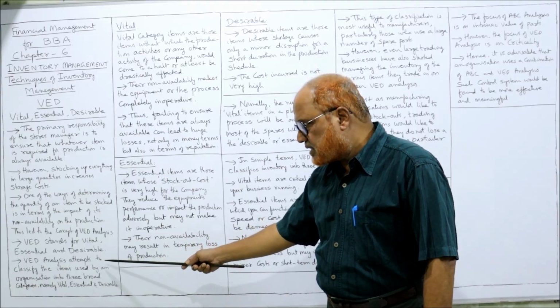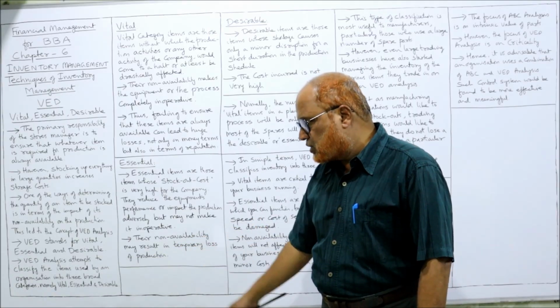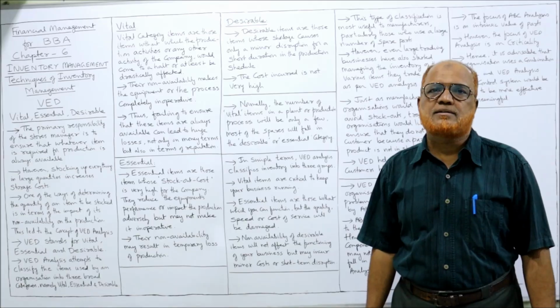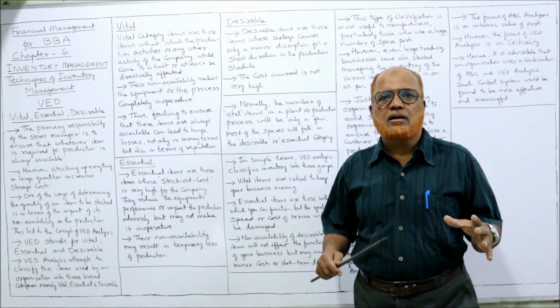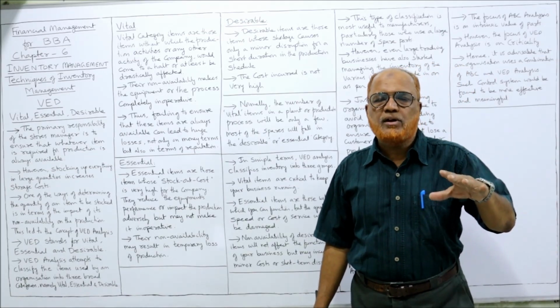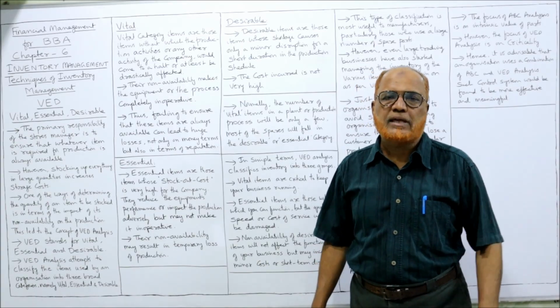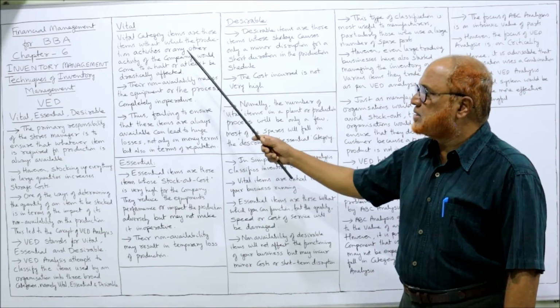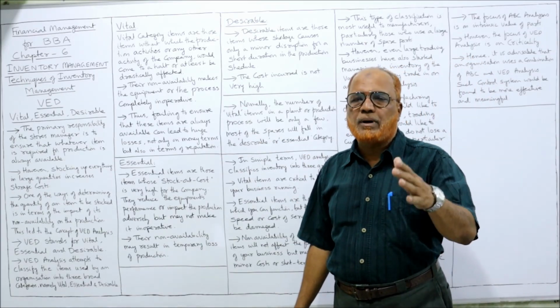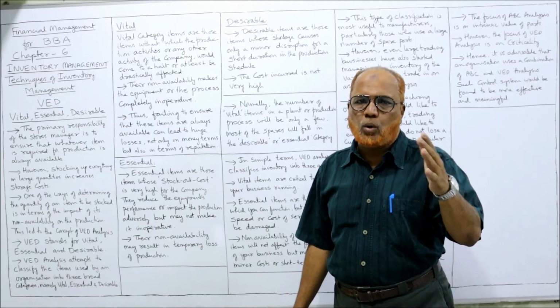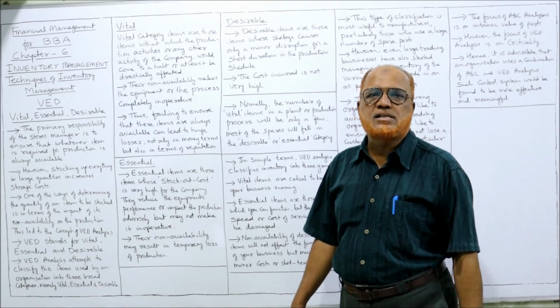VED analysis attempts to classify the items used in the organization into these three categories according to criticality, that is, how the non-availability of an item will affect production and the activities of the business. First we'll discuss one by one what is vital, what is essential and what is desirable.